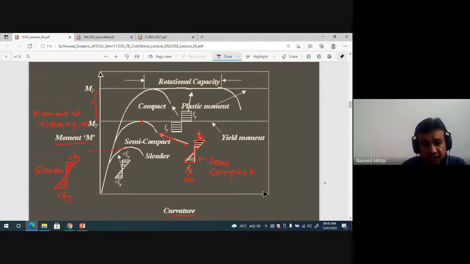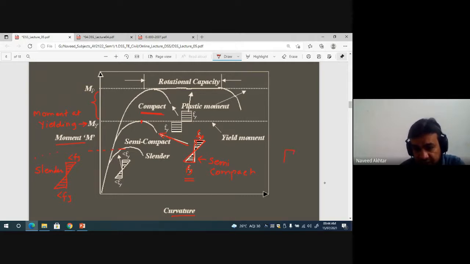So here it is called as what? In the compact section, when you draw the stress diagram, I will draw the stress diagram for the compact section.